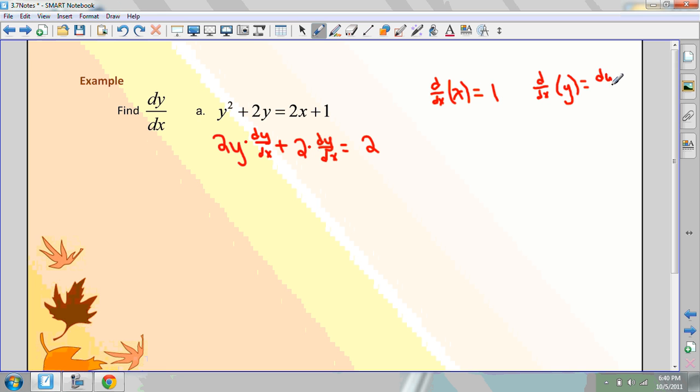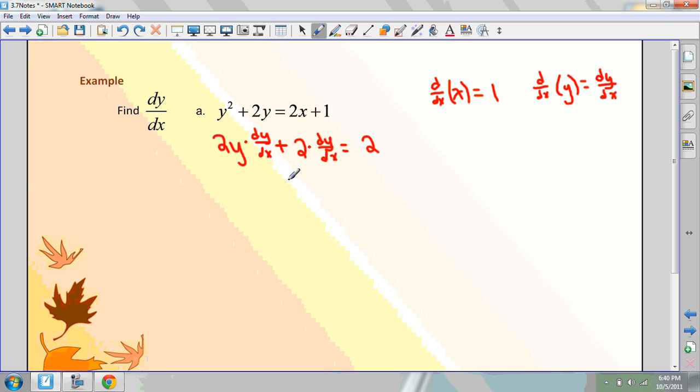It's the derivative of y with respect to x. So that's why if I have x, it's just 1, and if I have y, it's dy dx. In other words, the slope of y equals x is always 1, and the slope of y, well, it's just the slope of y, because I don't know what that function is.